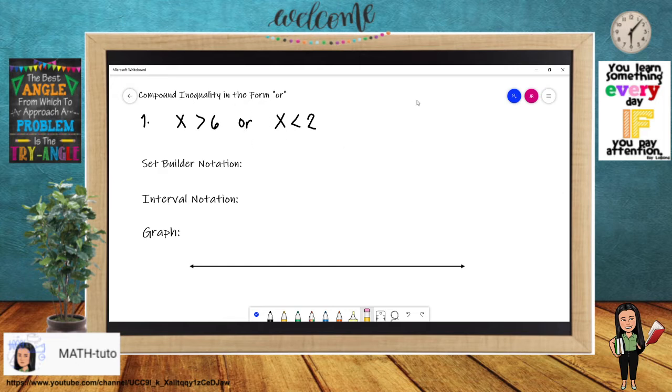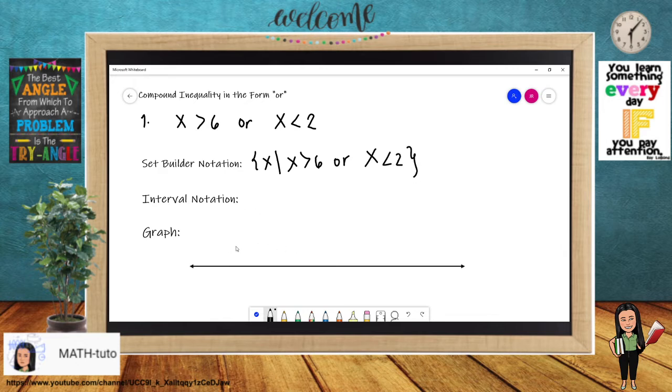Let us write it in set builder notation, interval notation, and as a graph. For set builder notation, we write it inside braces: the set of all x such that x is greater than 6 or x is less than 2.